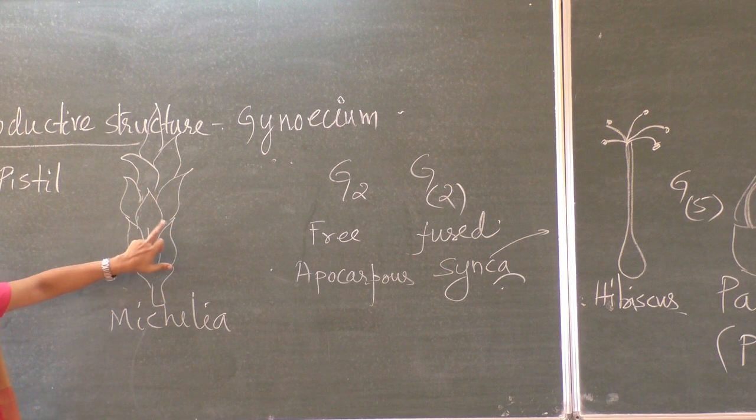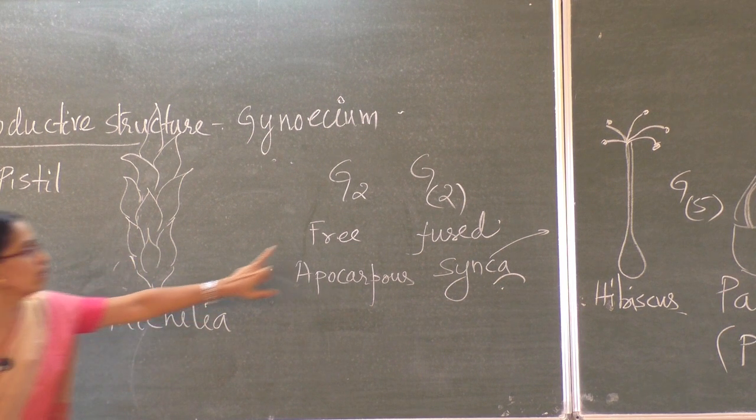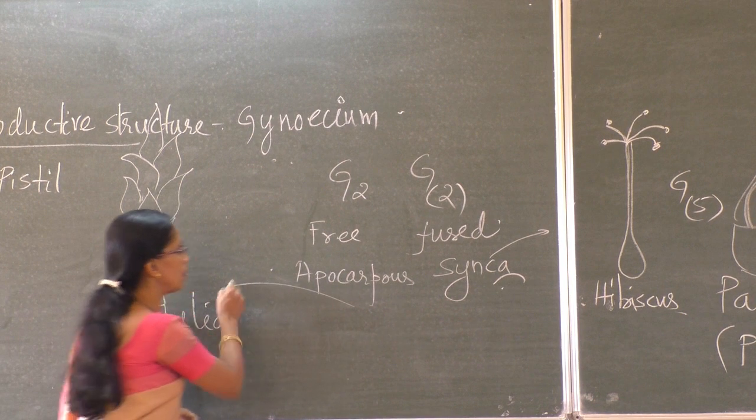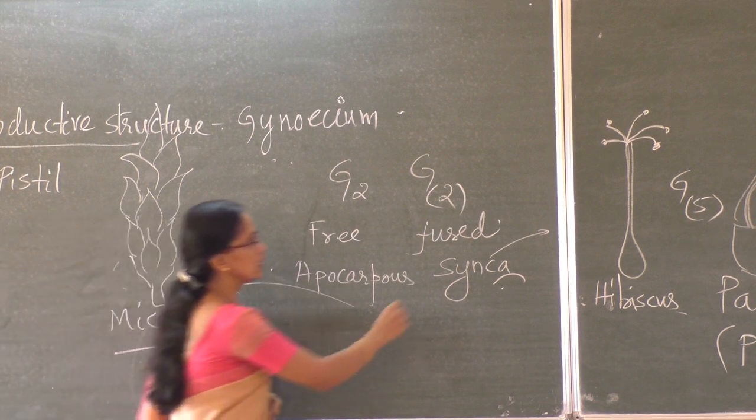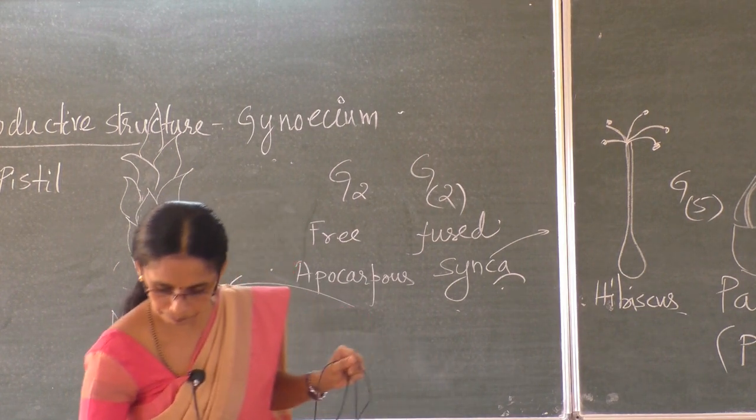Each one is a carpel. So this is a carpel, means this is the ovary, this is the style, this is the stigma, but they are free, they are not united. So apocarpous, Michelia; syncarpous, papaver and hibiscus.